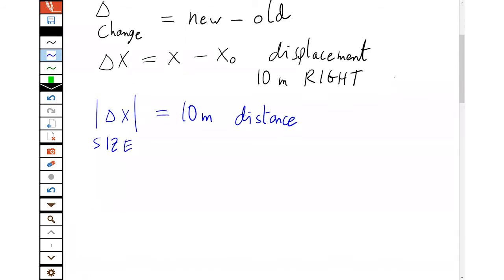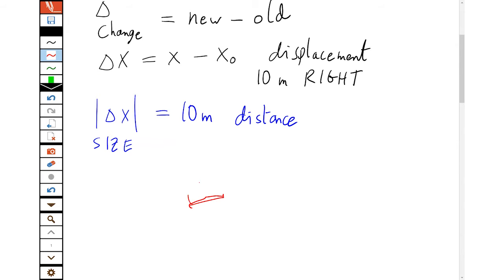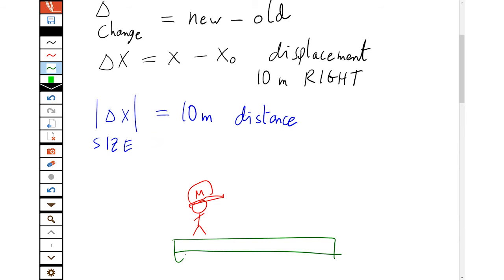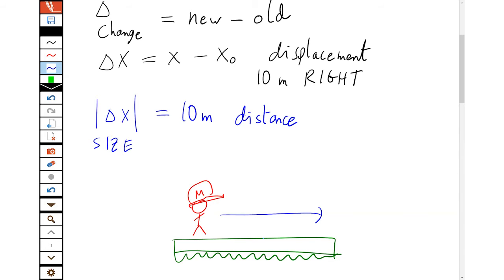For example, let's imagine we had our little Mario. M for Mario. I can't draw very well, so there's a stick figure. Just standing on the edge of that area. Now, if Mario was suddenly to move 10 meters distance, well, that could go right or wrong. Literally right, he'd be okay. Left is wrong.